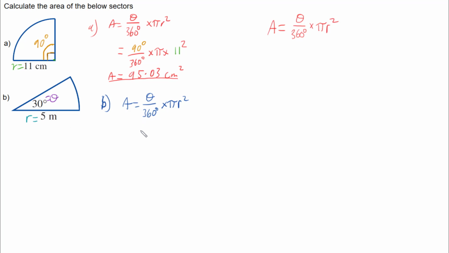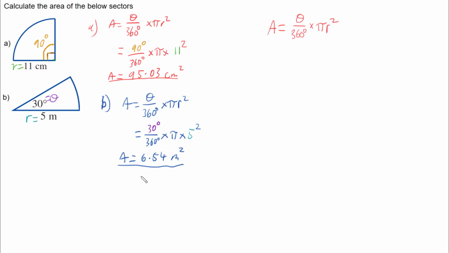So putting those numbers into our rule, we've got 30 degrees over 360 degrees multiplied by pi multiplied by our radius 5 squared. And again, just putting all of that into a calculator as is, we get 6.54. We're in meters, so we have meters squared. And that's it, we're done.